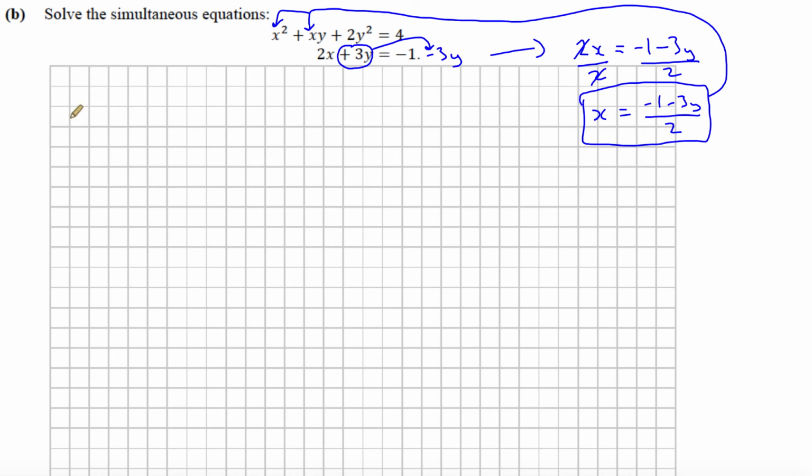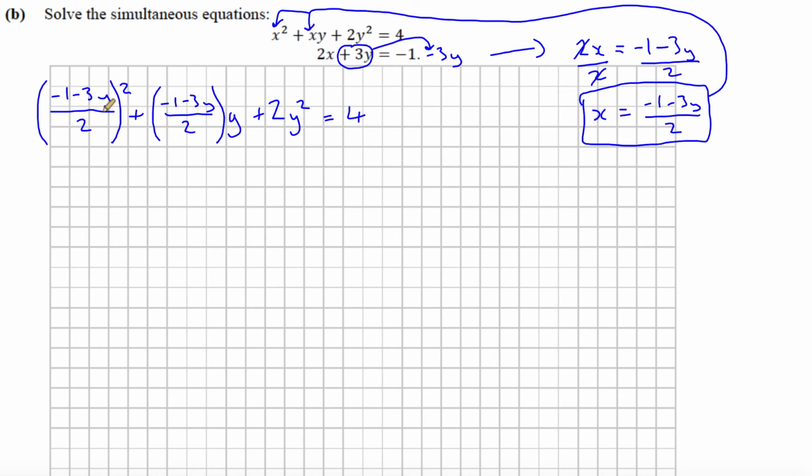So that's going to give me x squared, so that's going to be minus 1 minus 3y over 2, squared, plus x times y, so it's going to be x again, which we now know is minus 1 minus 3y over 2, multiplied by the y, and then we have our 2y squared is equal to 4.